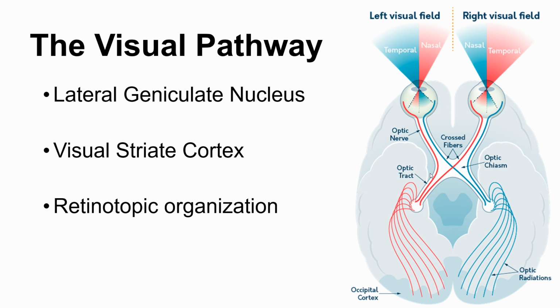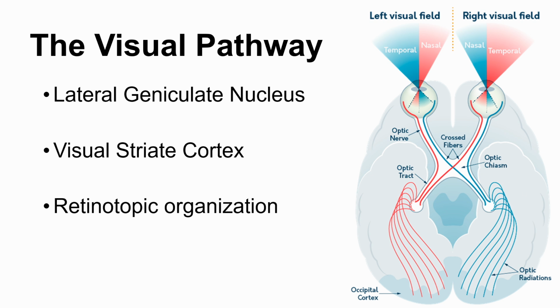So our visual pathway is going to depend on what side of the eye we are seeing something on. So if something is on the left side of either our left eye or right eye, so that blue side, we're seeing that left side of our vision is going to transfer over to the right side of our brain.